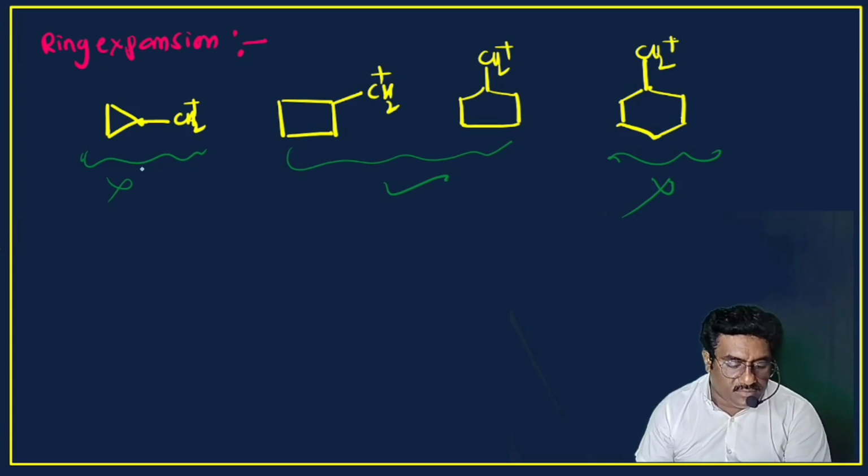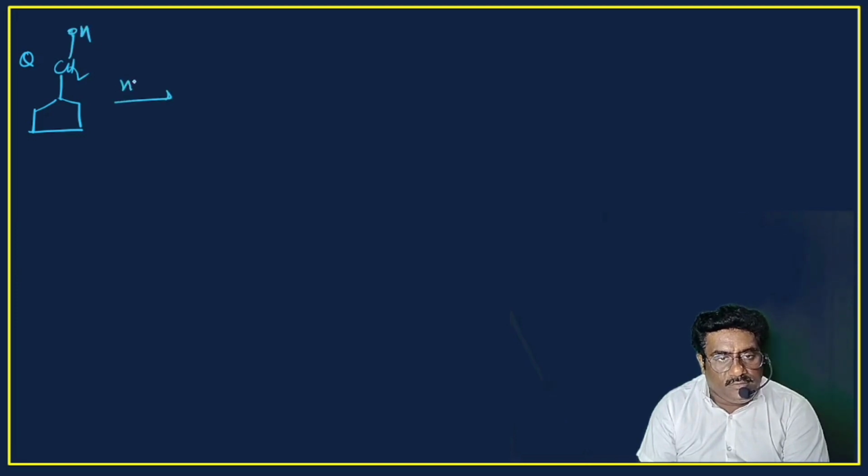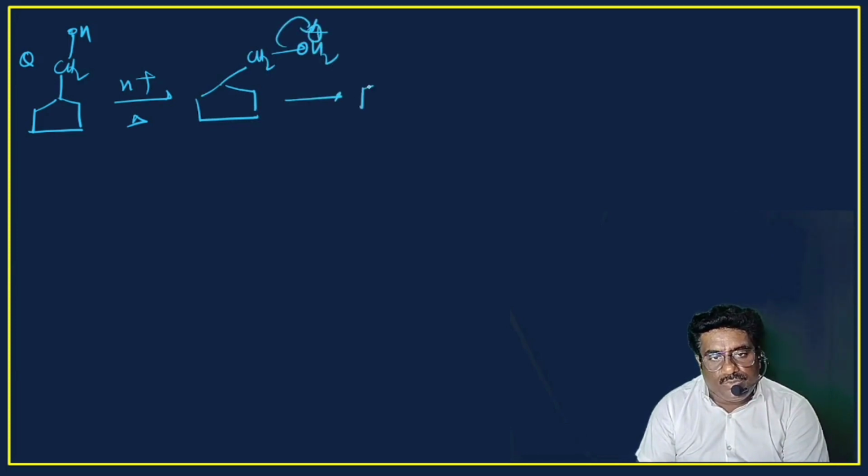I will look at this example. I am writing one question: a ring with CH2OH in presence of H+, heated. What does it give? CH2OH2+ minus H2O forms CH2+.